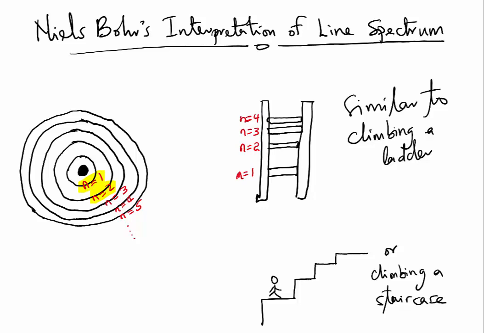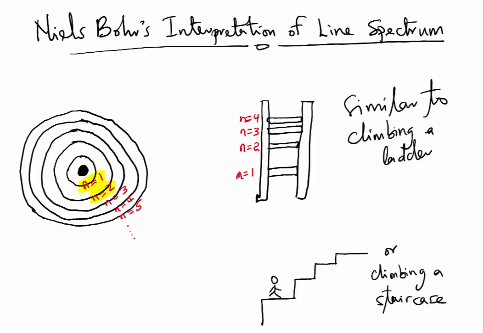Each electron, according to Niels Bohr, is only allowed a certain energy. Let me repeat that. Each electron is only allowed to have a certain energy, which is another way of saying that each electron can only be found in a specific energy level.